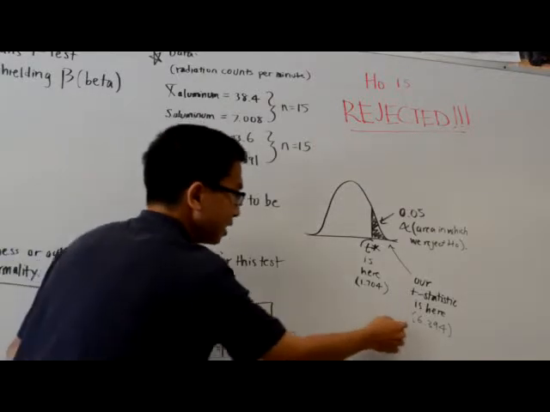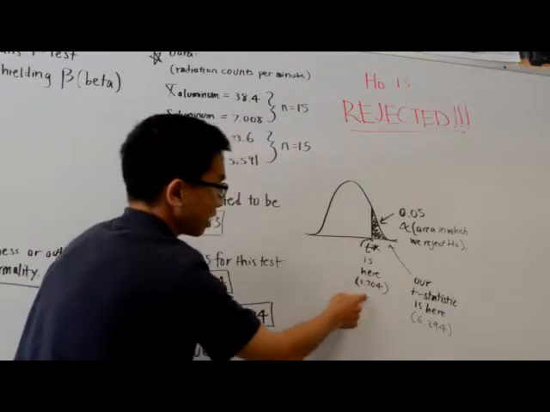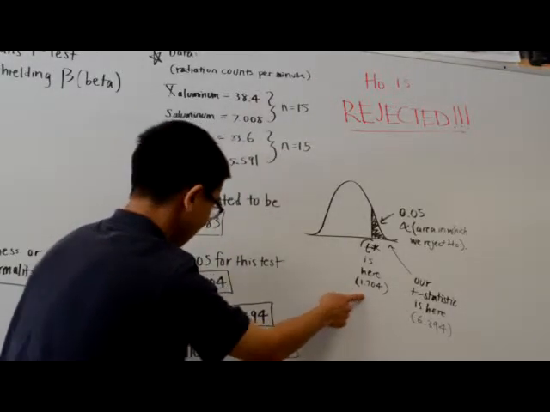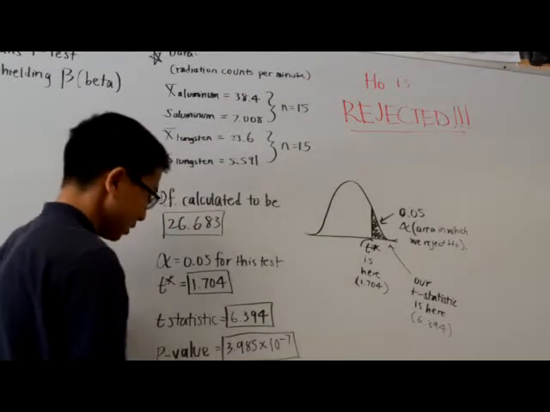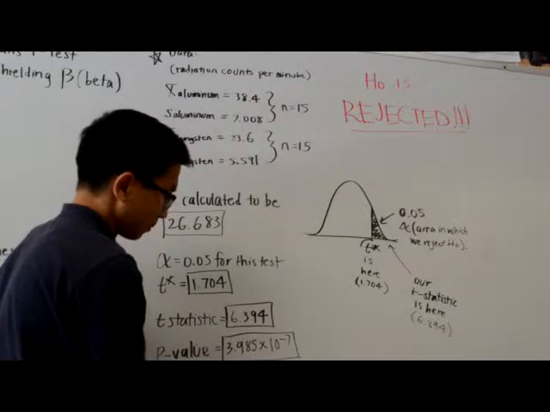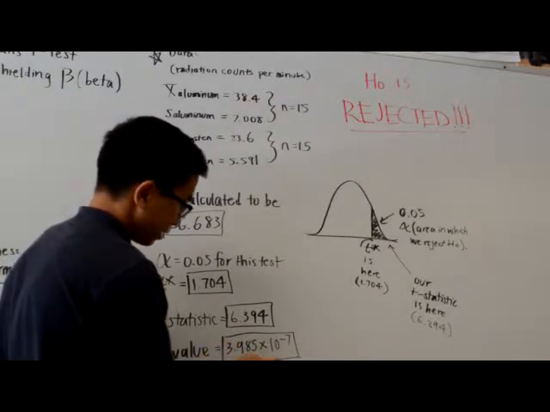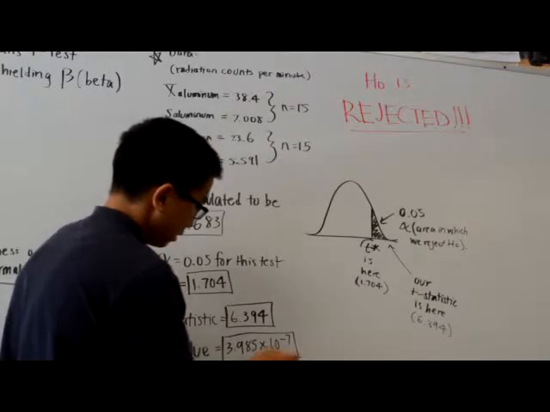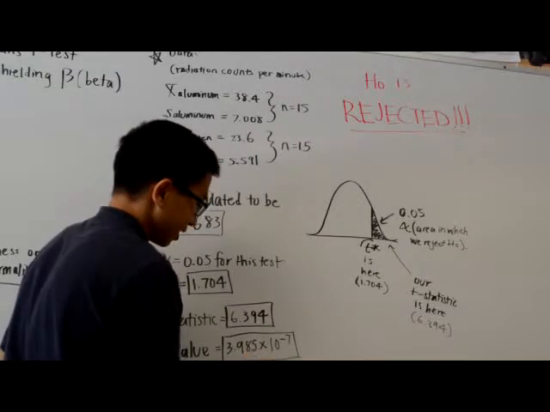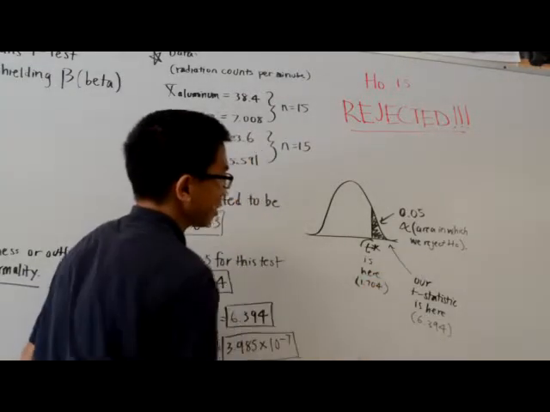Now, since this t-statistic is much more extreme than our t-star, we have statistically significant evidence to reject our null hypothesis here. And if we proceed to calculate a p-value for this, we would find that there's only 3.985 times 10 to the negative fifth percent of a chance that the t-statistic will be as extreme as the one that we found.